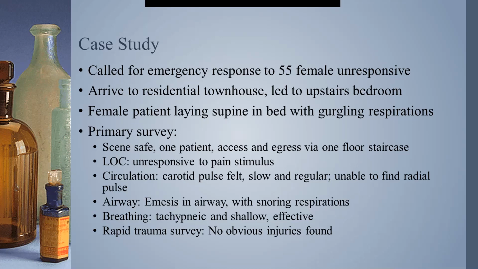Unable to find radial pulse at this time. Airway, there is emesis in the airway with snoring respirations. Breathing, she is tachypneic and shallow, but effective at this time. On rapid trauma survey, you do not find any obvious injuries.